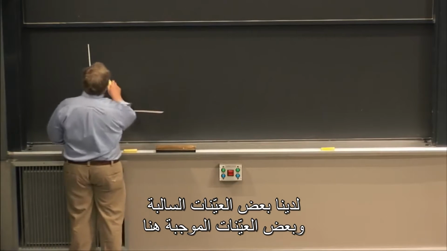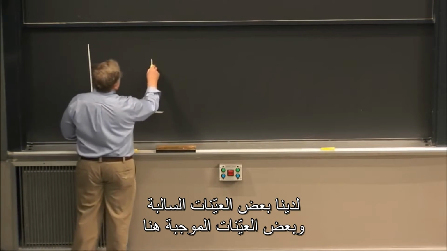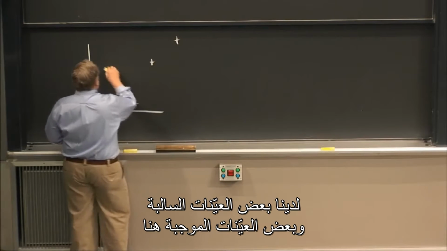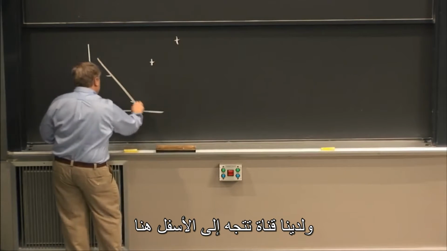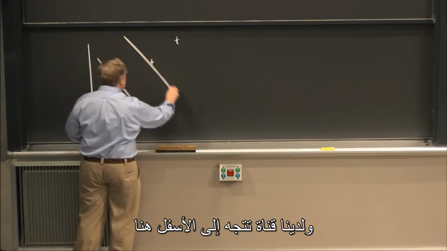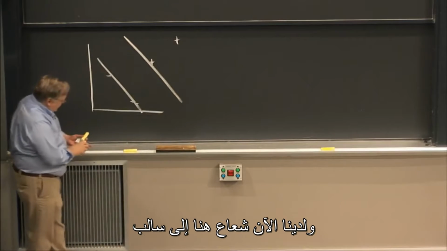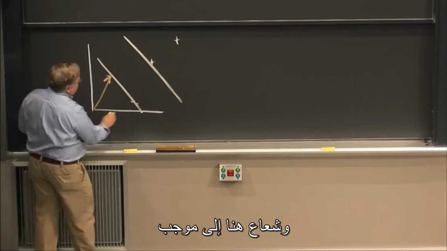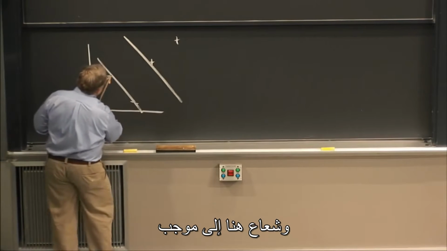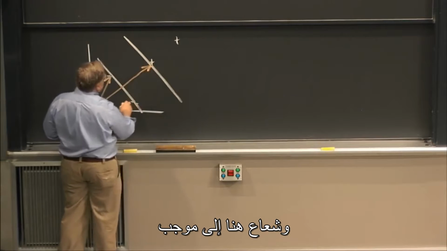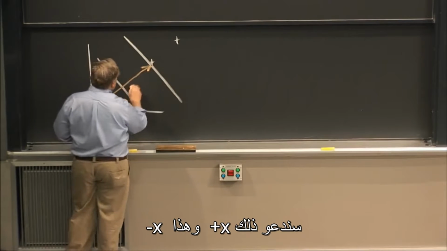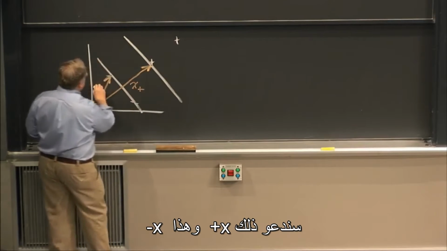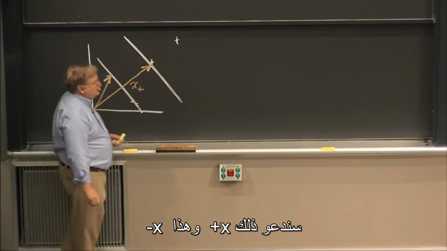We got some minuses here, got pluses out here, and we got gutters that are going down here. And now we've got a vector here to a minus, and a vector here to a plus. We'll call that x plus and this x minus.